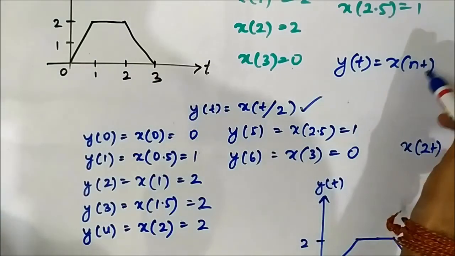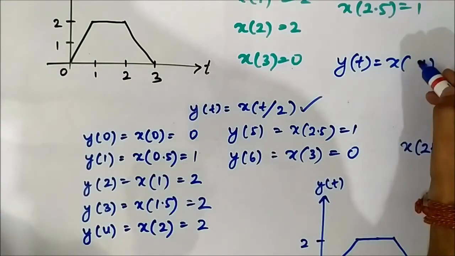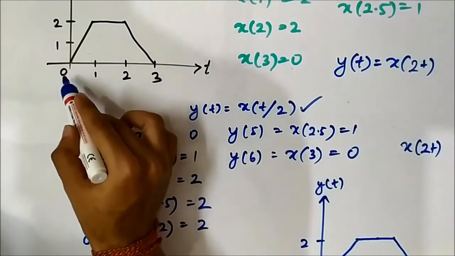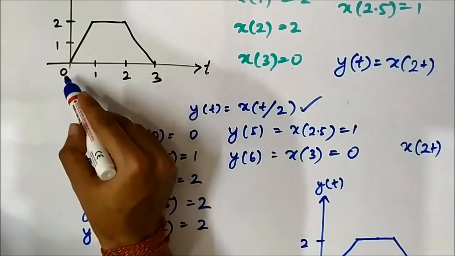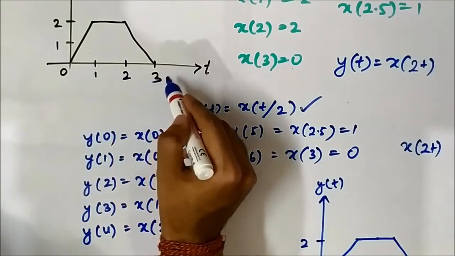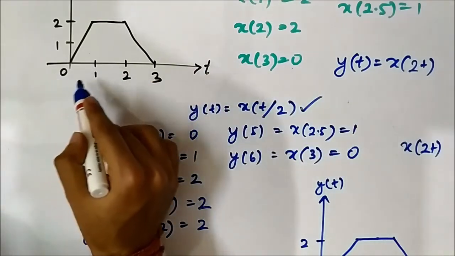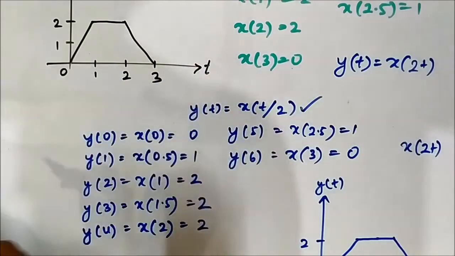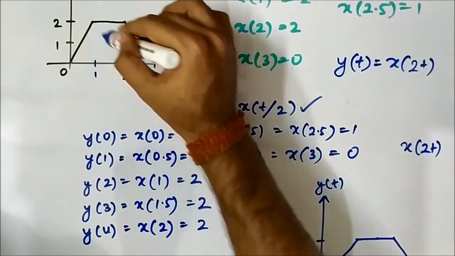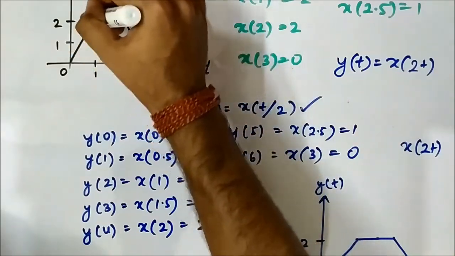Let's say n equals 2. So you will divide each of them by 2: 0 by 2, 1 by 2, 2 by 2, 3 by 2. So it will be 0, 0.5, 1, 1.5, and the amplitude for each of these points will be the same.